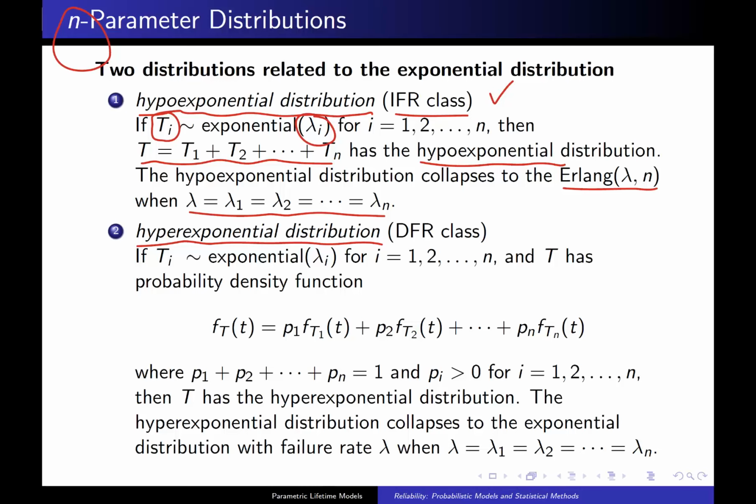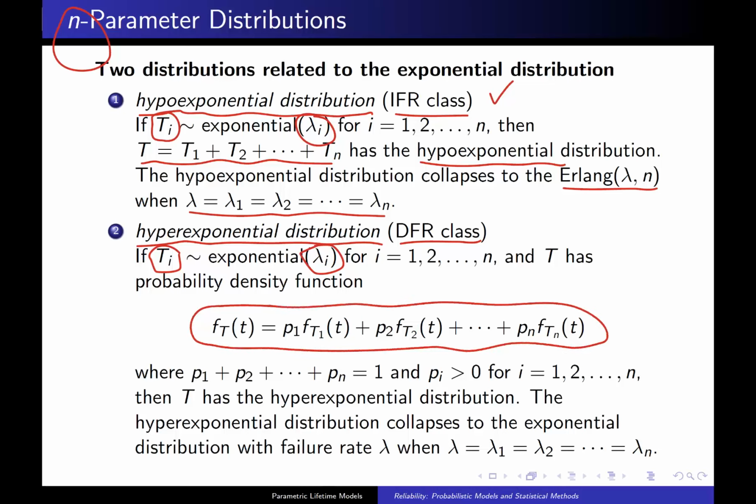Then the other side of the coin is the hyper-exponential distribution. It falls in the DFR class, and its assumptions are the same. And that is, if t sub i is exponential with parameter lambda sub i, for i equals 1 to n, and then t has this particular probability density function where the p sub i's are positive constants and they sum to 1, so you may recognize this as a mixture distribution.